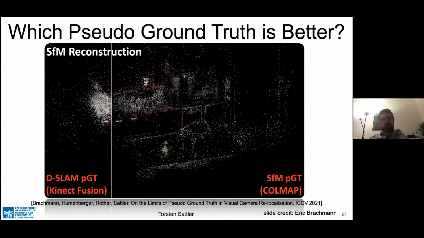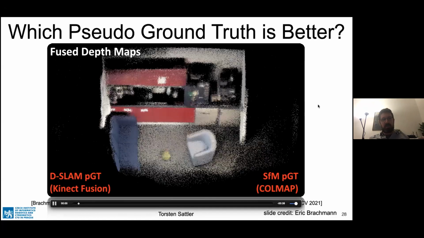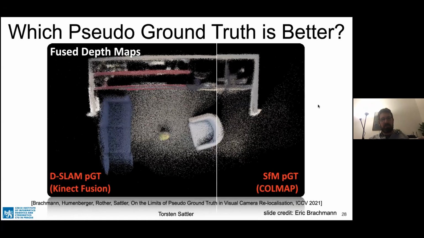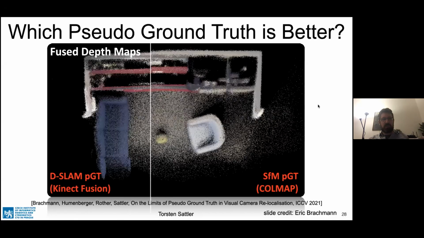If you look at the depth maps that are also available for the scene and just fuse them using the two types of poses, which is essentially closer to what this depth-based pseudo ground truth does, it's aligning depth maps so that they geometrically fit. Then we can also observe a couple of things. So we observe that globally, the structure from motion pseudo ground truth is more accurate.